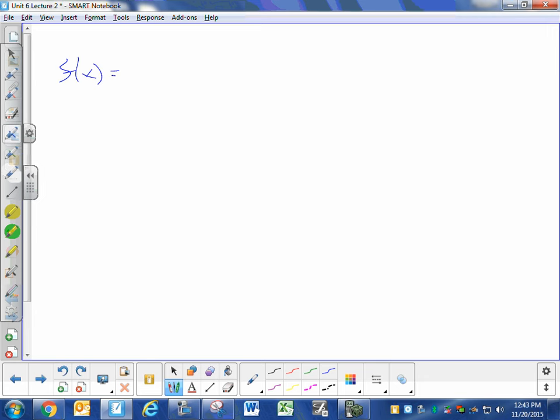If f of x is equal to x log x, when is f of x increasing?